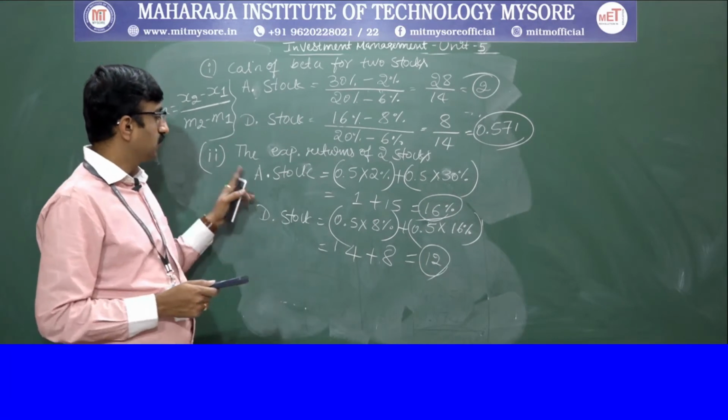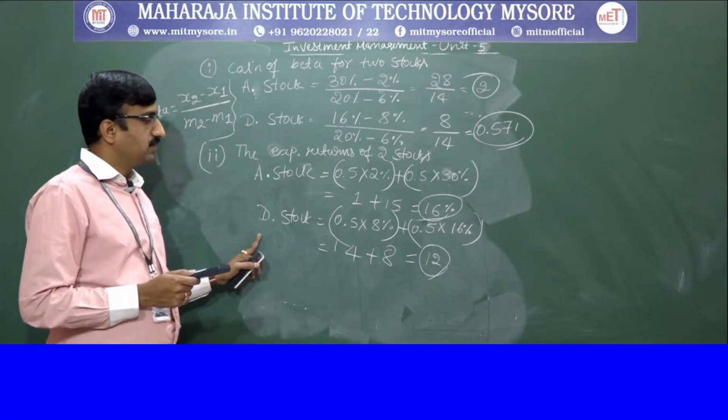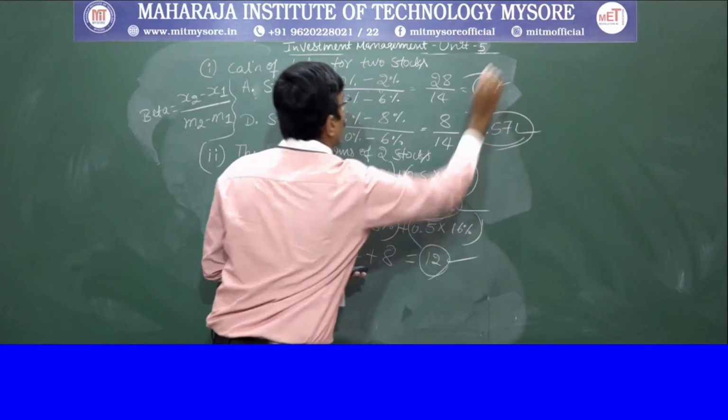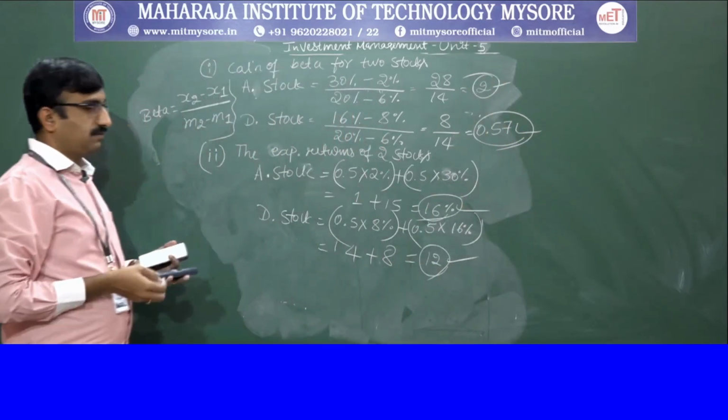This is the expected return for the aggressive stock, 16%, and the defensive stock, 12%. We have got it.